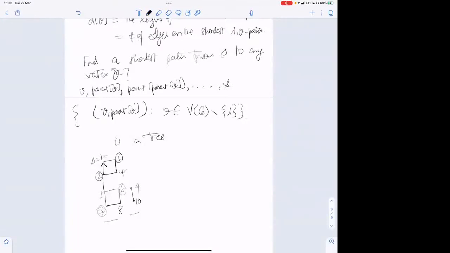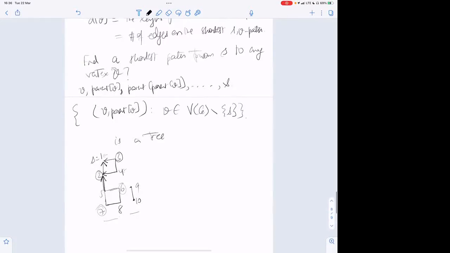We would put a pointer from 2 to 1 and from 3 to 1. Then we would explore 2 and put a pointer from 4 to 2 and 5 to 2. Similarly from here and here. Then we explored this, so we put a pointer like this. Now observe that the directed edges I have drawn form, if you ignore the directions, a tree.